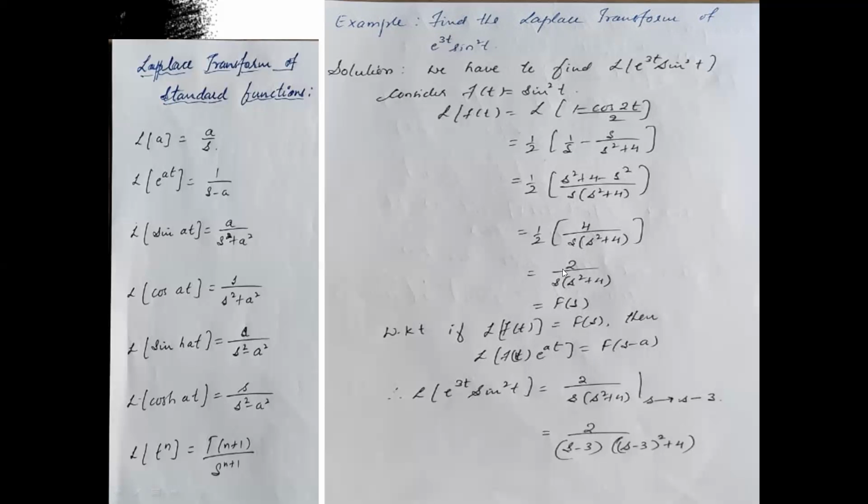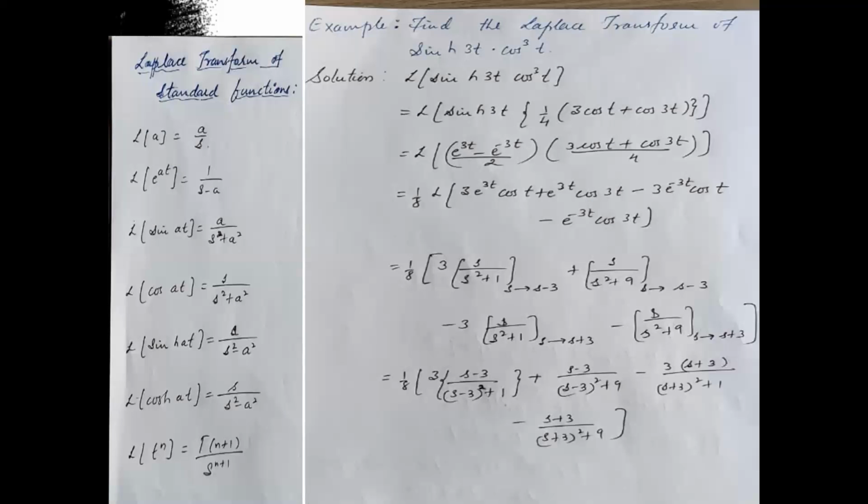We write F of s, 2 divided by s into s square plus 4, where s is replaced by s minus 3. Just write 2 as it is, s is replaced by s minus 3, then again this s is replaced by s minus 3, its square, then plus 4. That is the Laplace transform of e raised to 3t into sine square t.